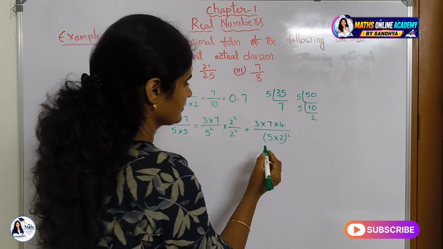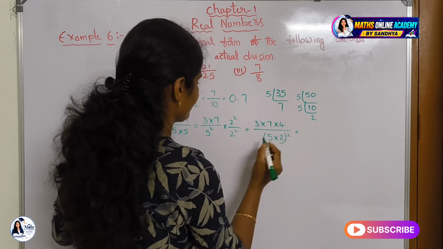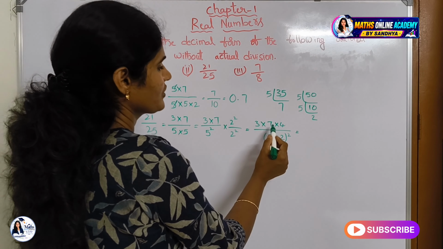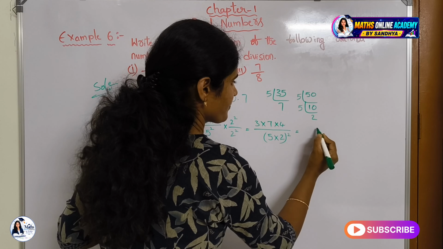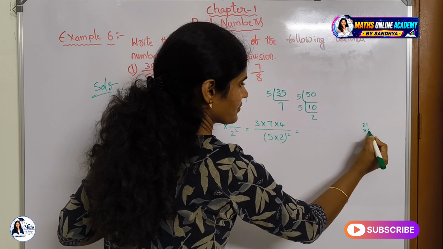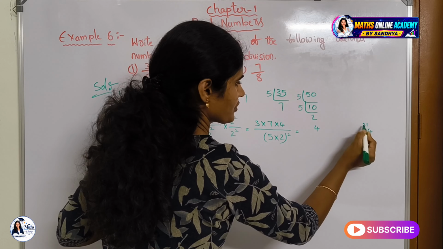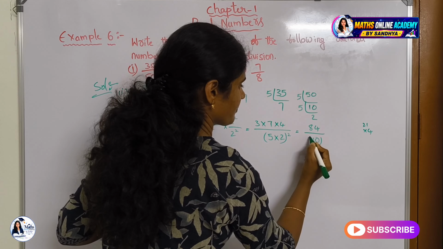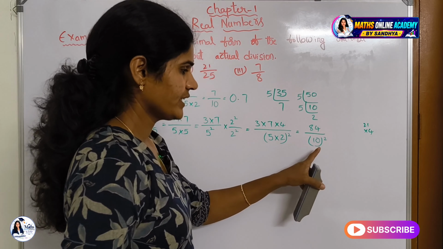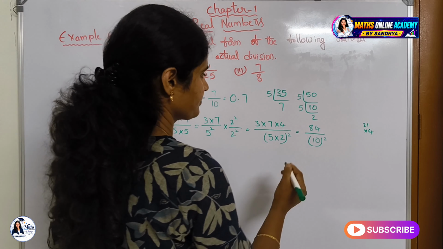Here multiply: 21 into 4, 4 ones are 4, 4 twos are 8, so 84 by 10 square. 10 square means 100.